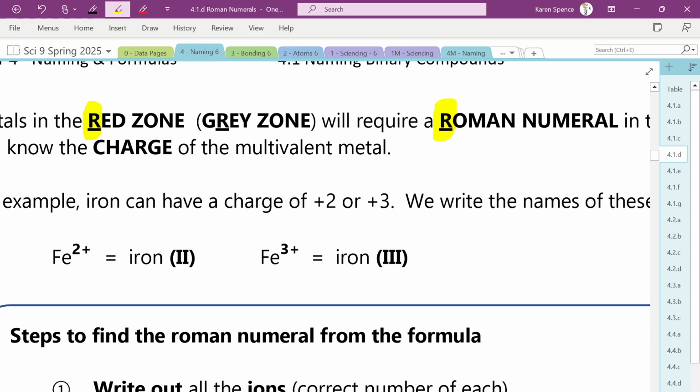And what that Roman numeral tells you is the charge of that multivalent metal. What does multi mean? Many. And valent means charge. So that refers to metals that have many possible charges.